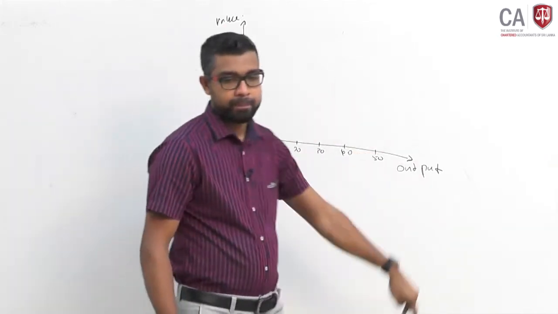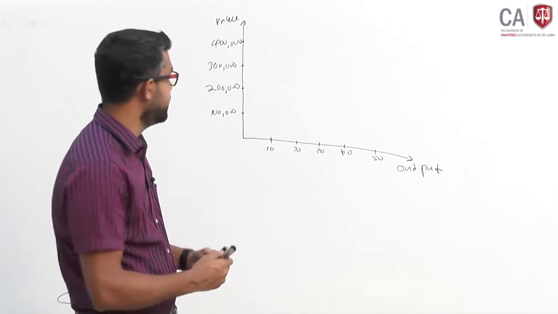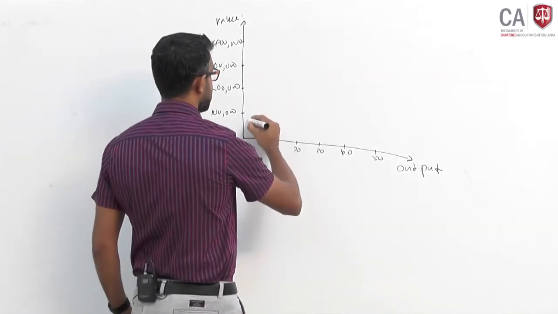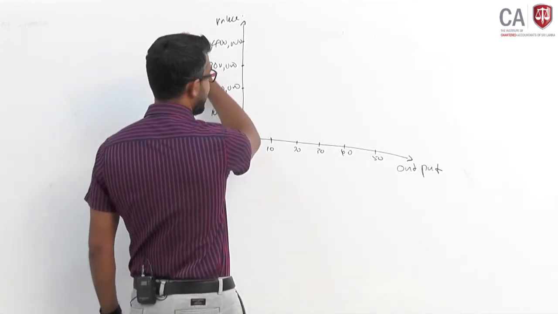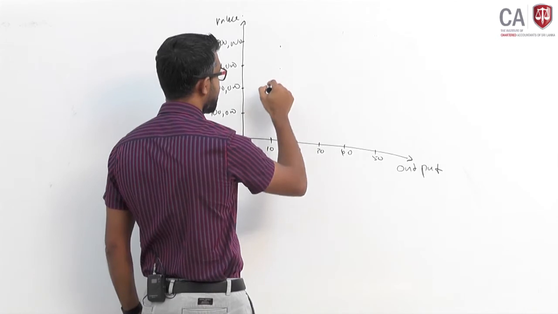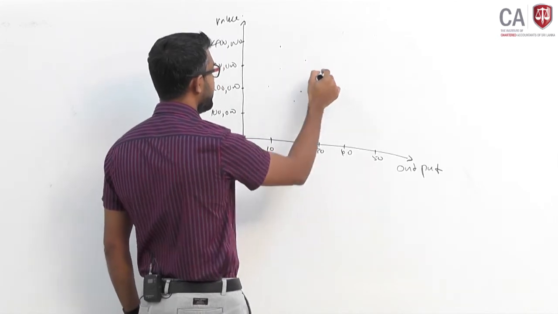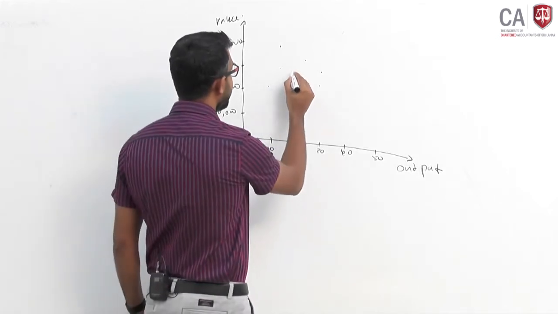So from the least square method, what are we going to find out? The best fit. When sales output increases, your sales value will increase. So different outcomes you can find out. So what is the best fit? Where is the best fit?